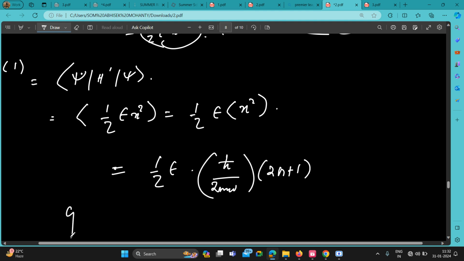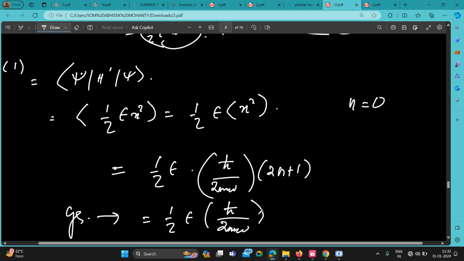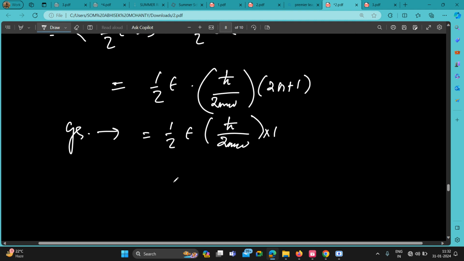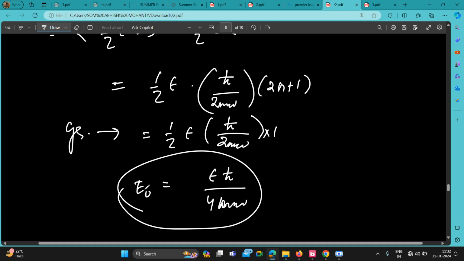This is for the ground state. If this is ground state, energy correction is half epsilon h squared by 2m omega. Ground state in harmonic oscillator n is equal to 0. Okay. So epsilon h squared by 4m omega. This is the ground state condition.